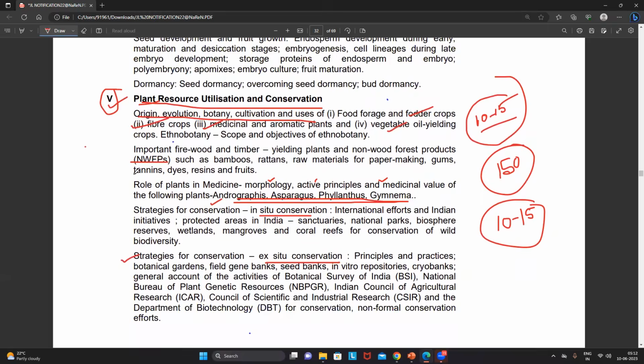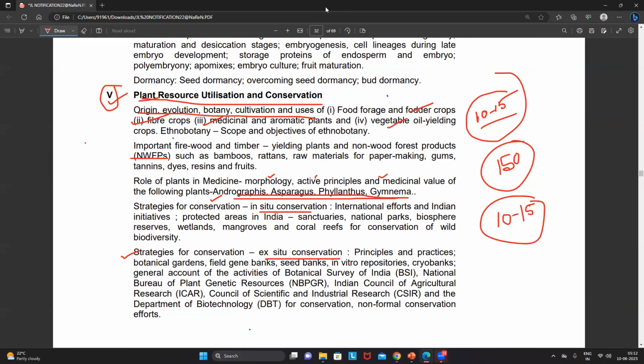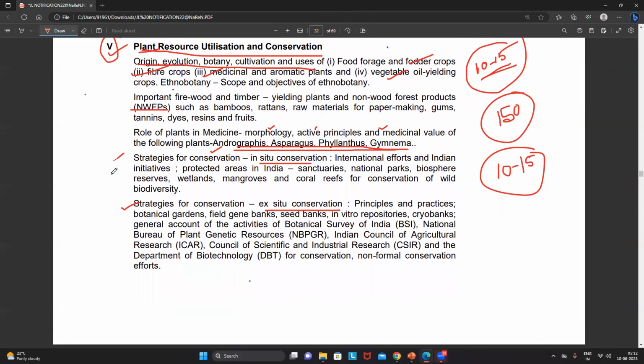Suppose in unit 5 I am saying you will get 10 to 15 questions. All of you listen to me correctly. You are going to get minimum 4 to 7 questions, not 1 or 2, from in situ conservation and ex situ conservation only.